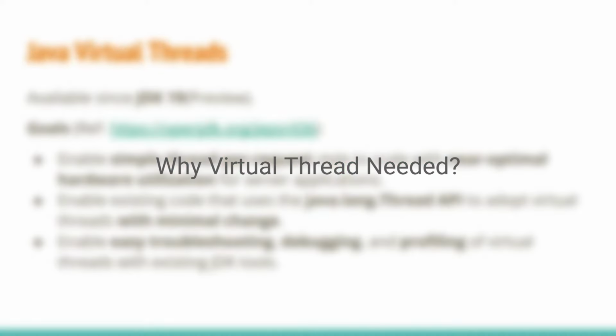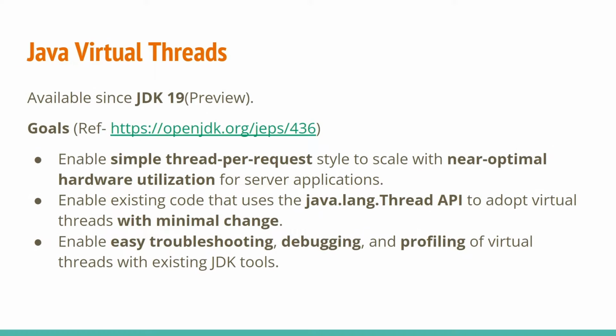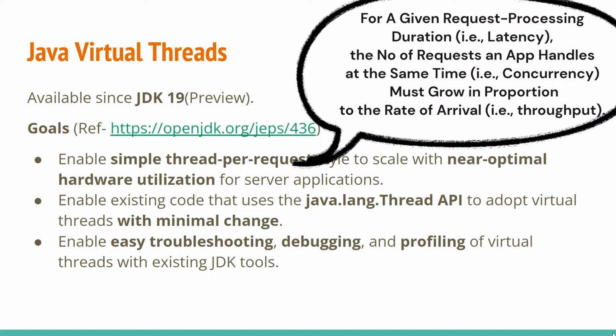As we already discussed, virtual threads were available since JDK 19. The main trigger was to create lightweight, simple thread-per-request, scaling to near-optimal hardware utilization for server applications. There was a requirement when microservice architecture evolved, in terms of scaling and utilizing your hardware near to optimal.